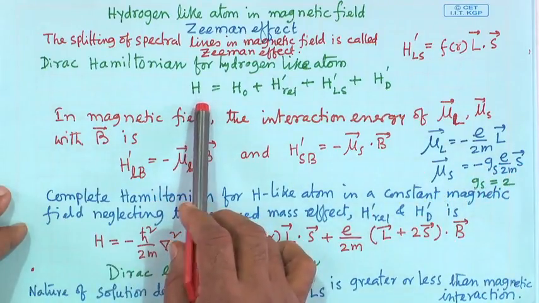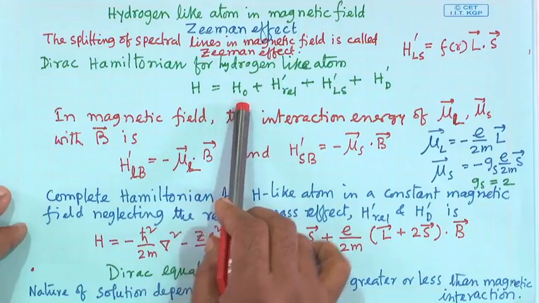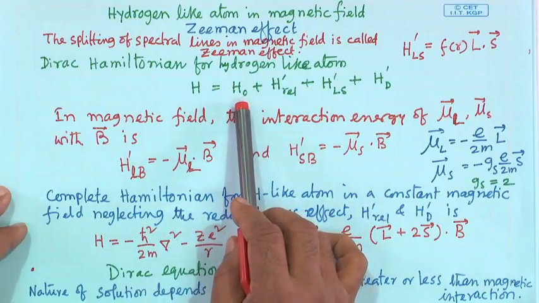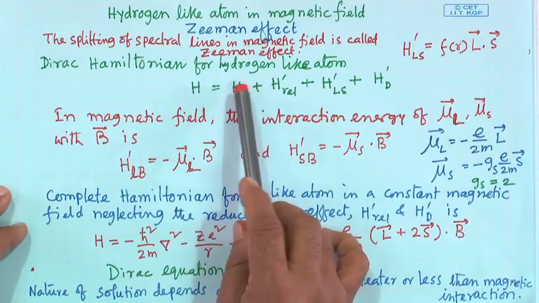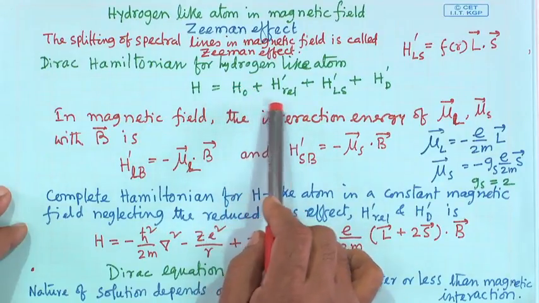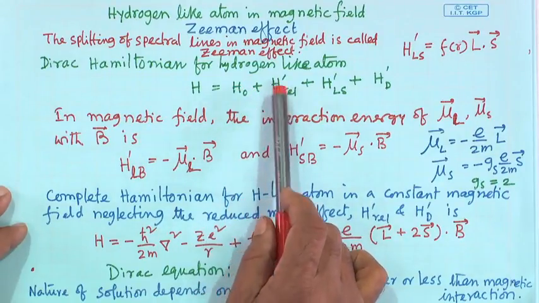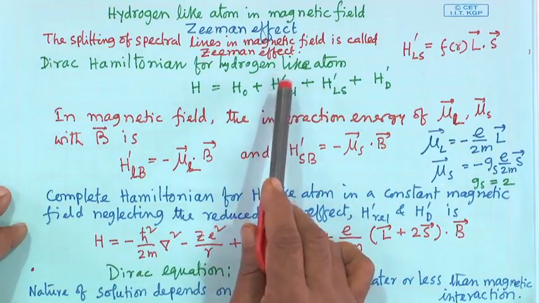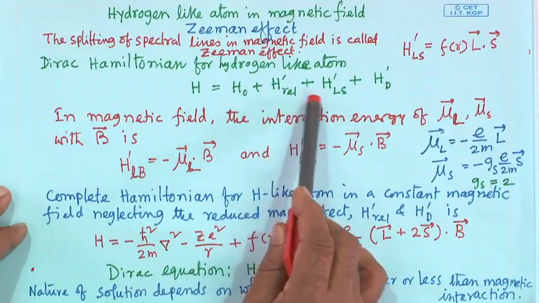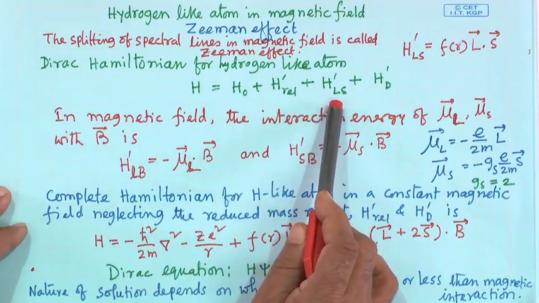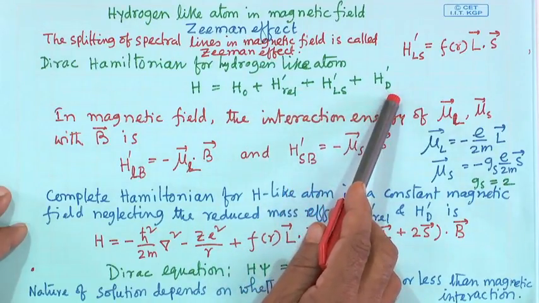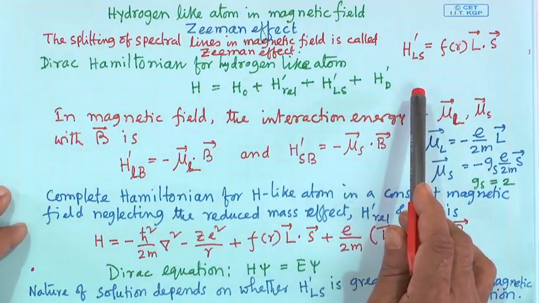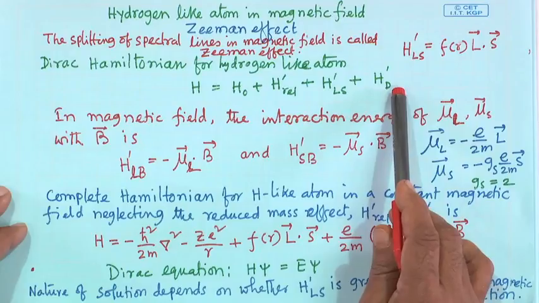That is H equal to H0, the non-relativistic and spinless Hamiltonian, then the relativistic term H relativistic dash, then the LS coupling term, plus the Darwin term, that we have seen earlier for a hydrogen-like atom.